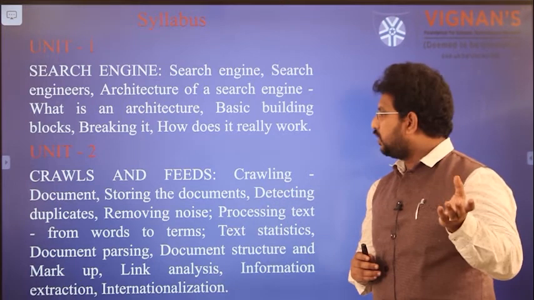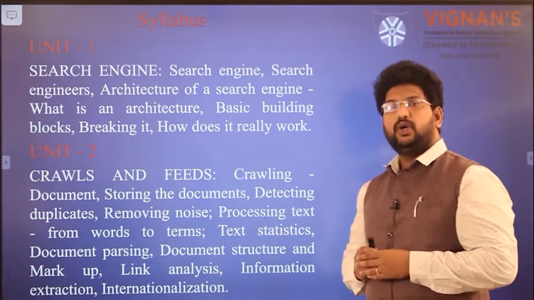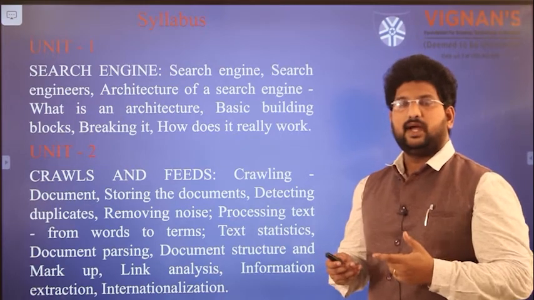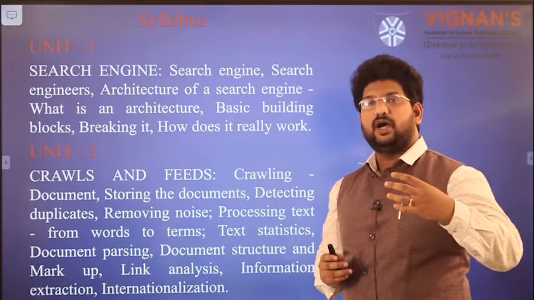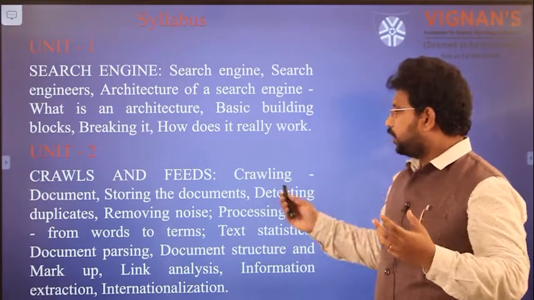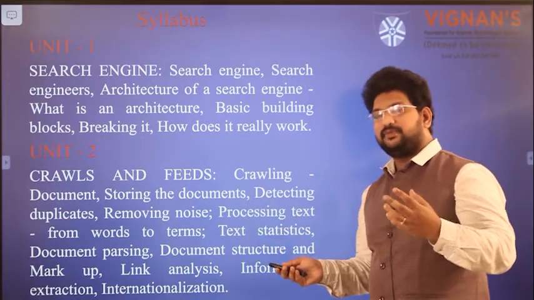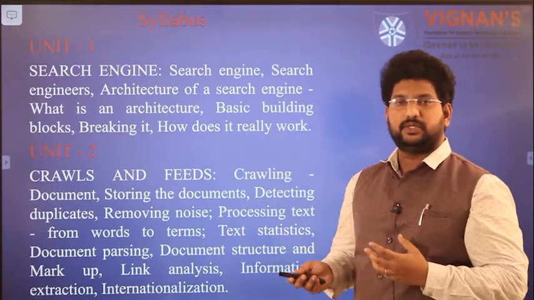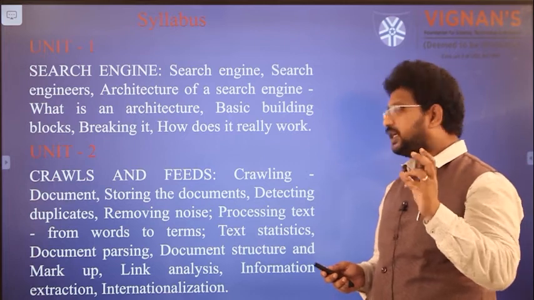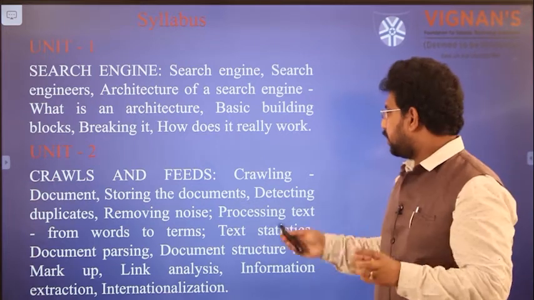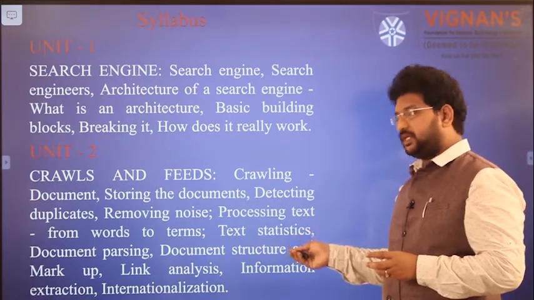Unit 2 covers crawls and feeds. We are going to know how to crawl the web, how to store the documents, and how to identify duplicate documents among them. In the second part of the unit we will learn how to process query text, that is, processing text from words to terms.